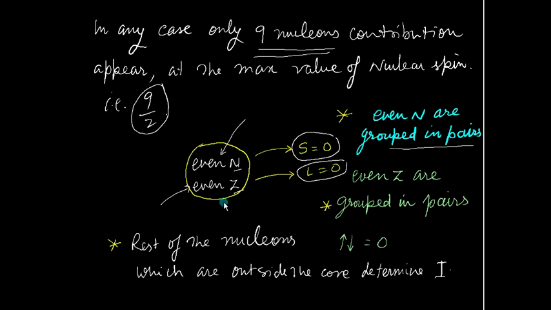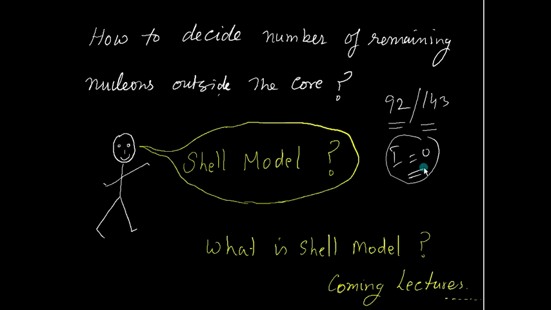The total spin angular momentum of the core becomes 0. I is equal to L plus S. Now the rest of the nucleons outside the core determine the value of I. So in the case of uranium, the question is how to decide the number of remaining nucleons outside the core which determine the value of nuclear spin.